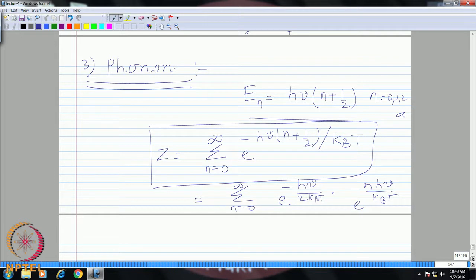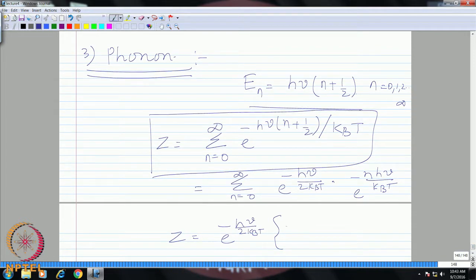and therefore, you can take out e power minus h nu by 2 kBT, because this is independent of n, right, and then the summation can be applied to this other term, and we can expand the summation. So, if you put n equal to 0, this will be 1, okay. And then for n equal to 1, you have e power minus h nu by kBT, right, plus n equal to 2, you have e power minus h nu by kBT the whole square.